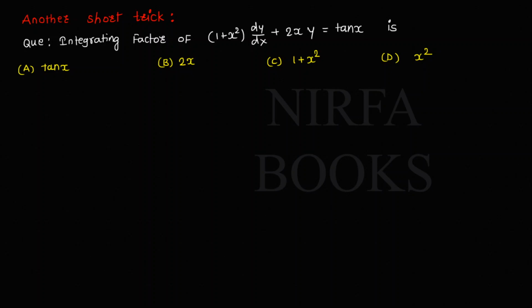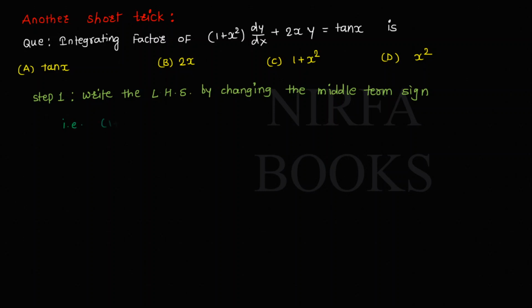So I'm stating another short method and how this method works. For this method, step number 1, write the whole left hand side of the given differential equation, but the only change is to change the middle sign. Here in this equation, the middle sign of the left hand side is plus, so you change that sign and write the whole left hand side as it is, that is 1 plus x square into dy by dx.